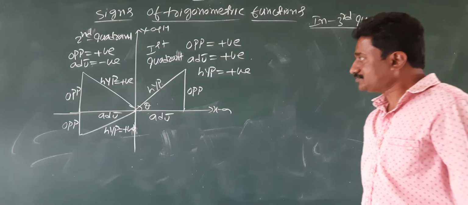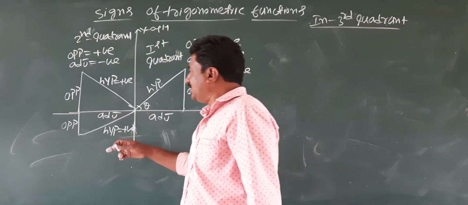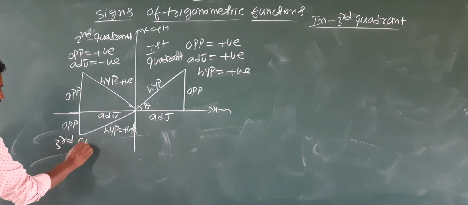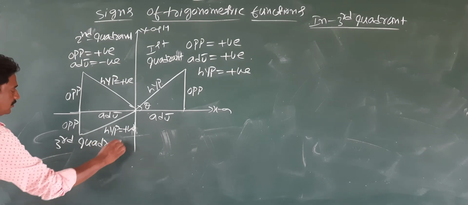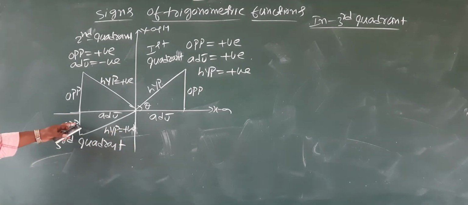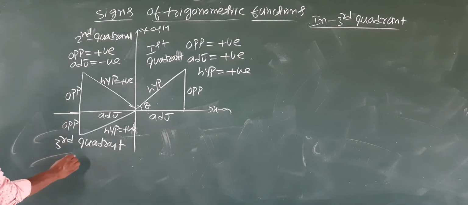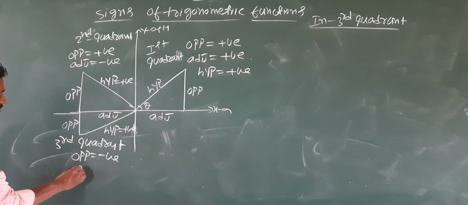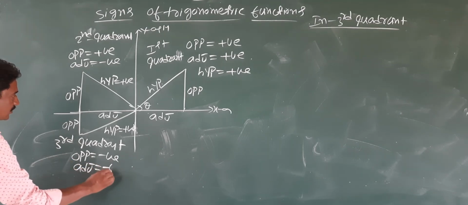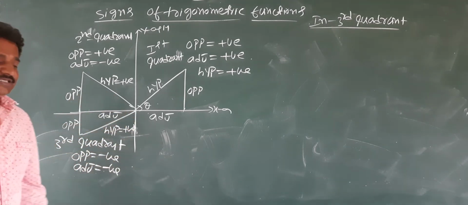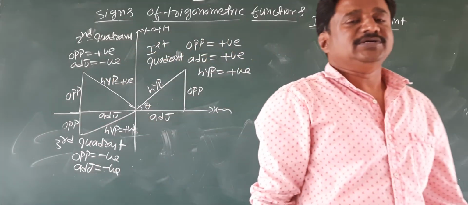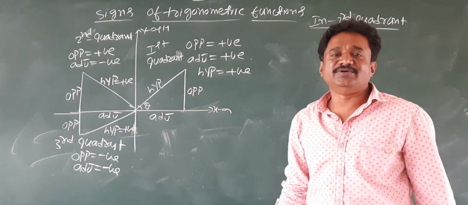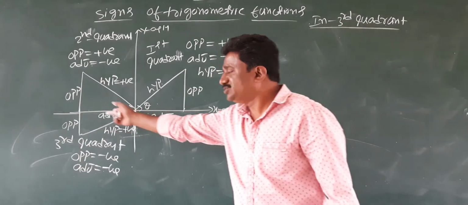Come to this third quadrant. In the third quadrant, opposite is negative. Even adjacent is also negative. The length of the adjacent side is a negative value, on the negative side, just like -1, -2.